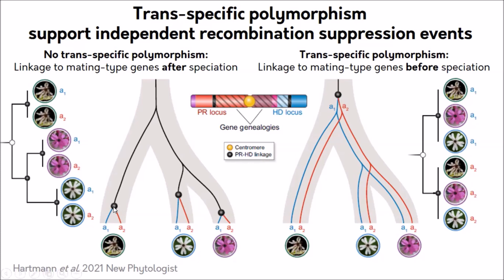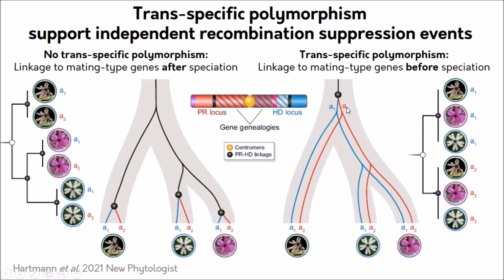And if recombination suppression occurred after speciation, the gene genealogy will look like this, with the A1 and A2 alleles of each species branching together. But if the recombination suppression occurred before the speciation event, all the A1 alleles will branch together and all the A2 alleles will branch together, regardless of the species, right?